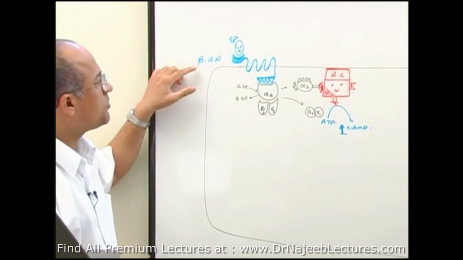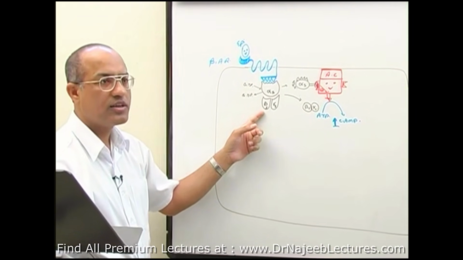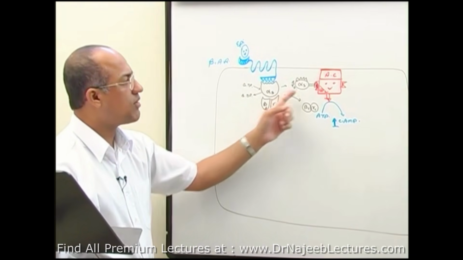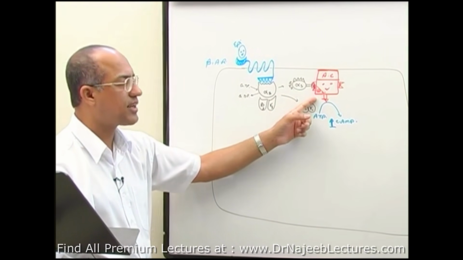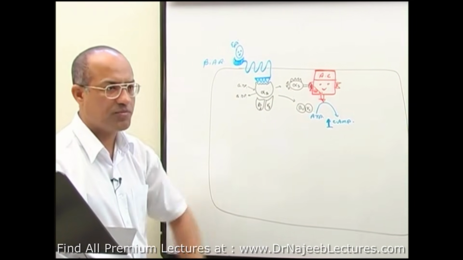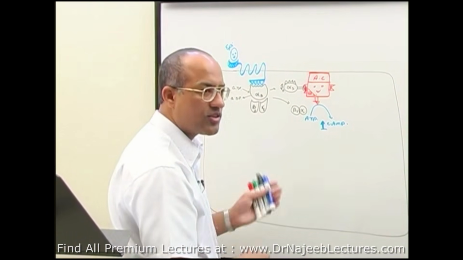Again, when beta 1 adrenergic receptors are stimulated, they are coupled with intracellular G stimulatory protein, and G stimulatory protein alpha component stimulates adenylyl cyclase, which converts more ATP into more cyclic AMP. And this cyclic AMP is the second messenger of this system.